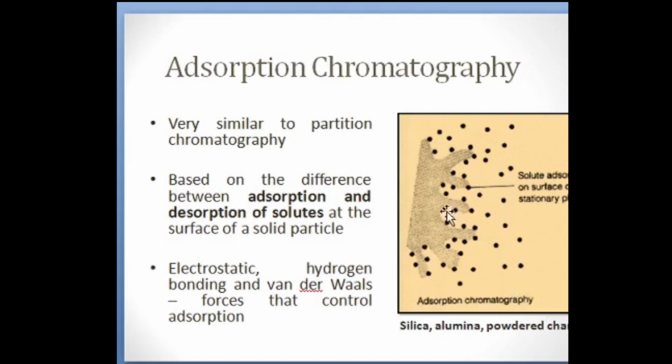This adsorption is based on various forces such as electrostatic force, hydrogen bonding, and van der Waals forces. These forces control the adsorption. The stationary phase can be silica, alumina, or powdered charcoal. The mobile phase will be liquid, and when you pour the sample mixture, some of the solute will be adsorbed, and those that are desorbed will flow faster.